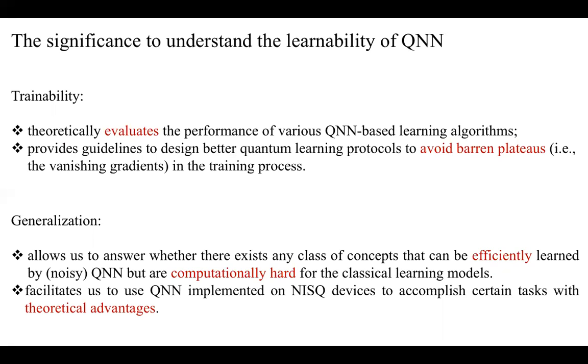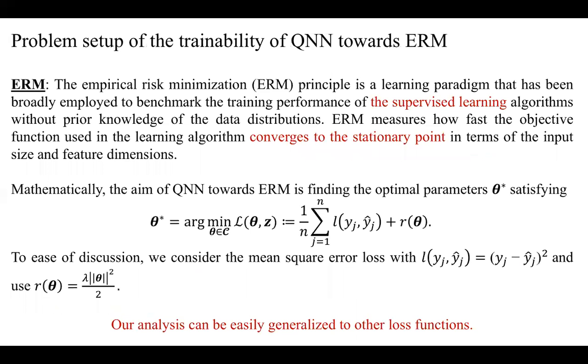As for generalization, a good understanding allows us to answer whether there exists any class of concepts that can be efficiently learned by noisy quantum neural networks that are computationally hard for classical learning models. Meanwhile, it facilitates us to use quantum neural networks implemented on NISQ devices to accomplish certain tasks with theoretical advantages.